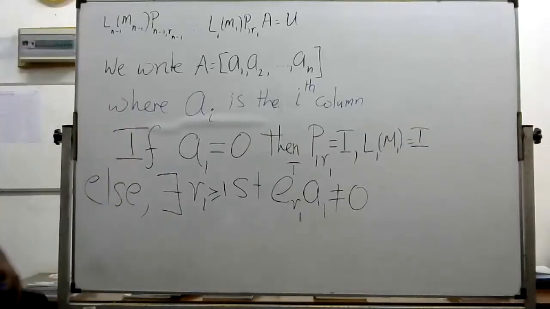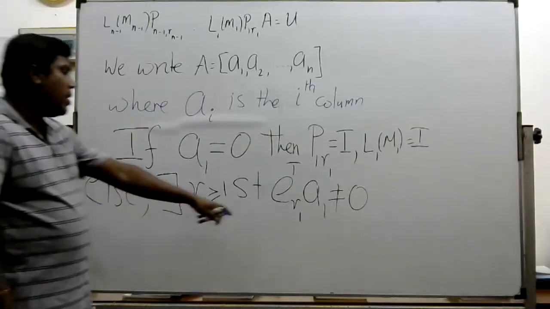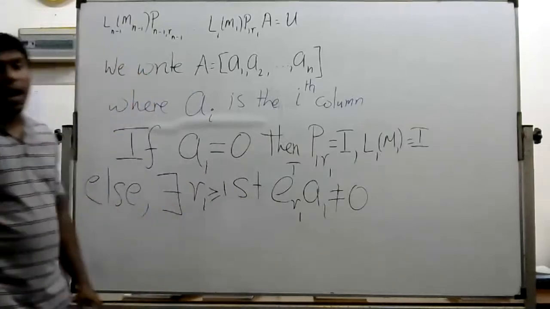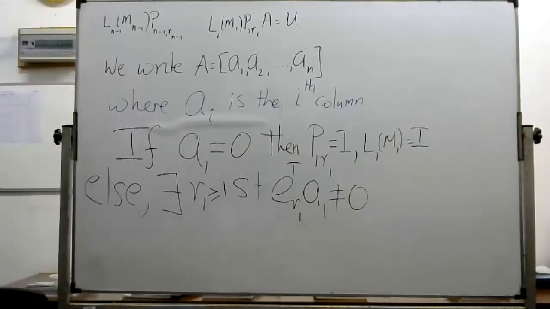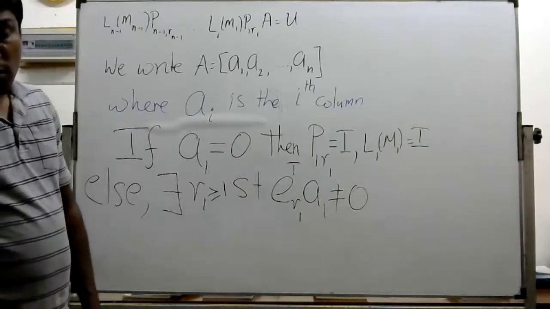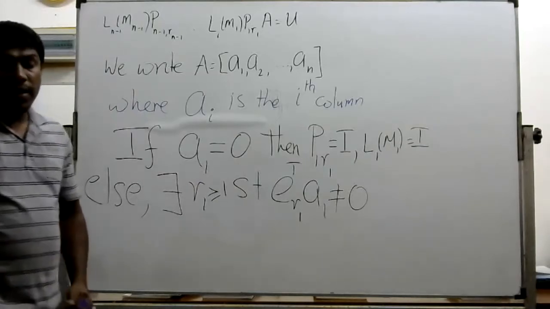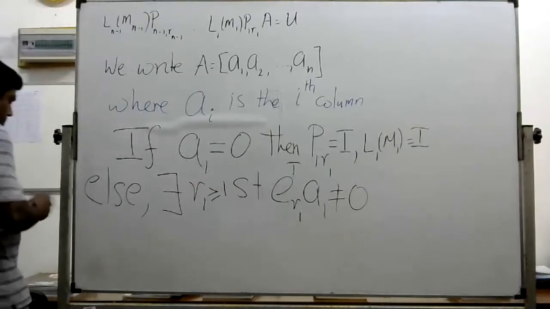You pick the non-zero component. Suppose that non-zero component is in the R1 place, then you can pick that. Once you pick that, you can choose the elementary permutation matrix.